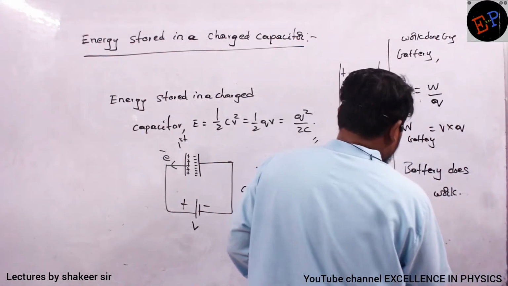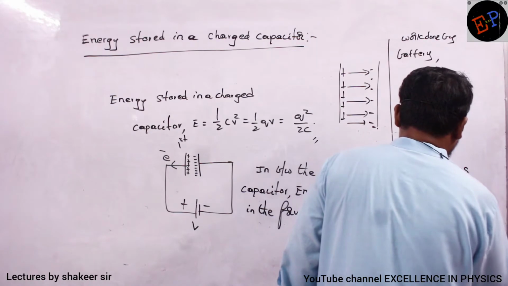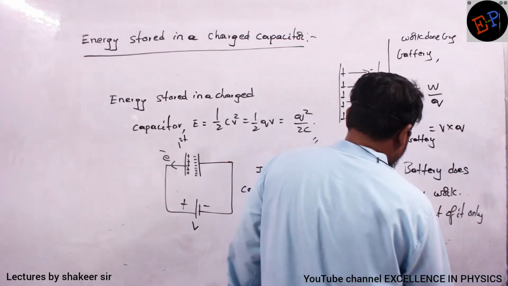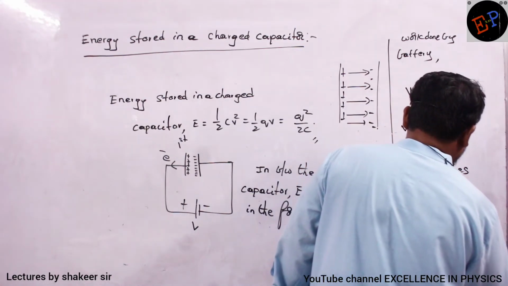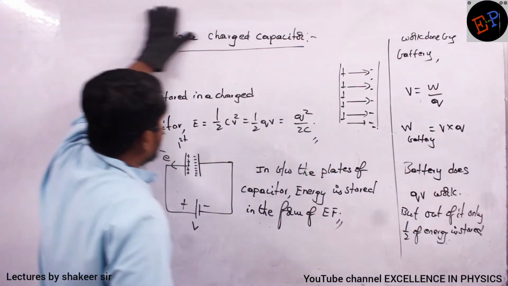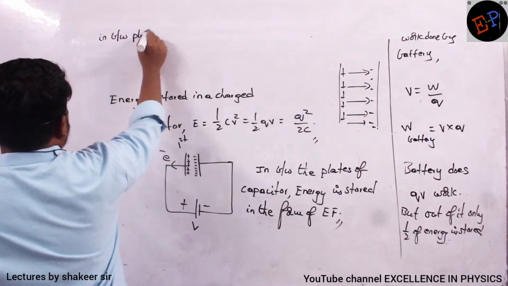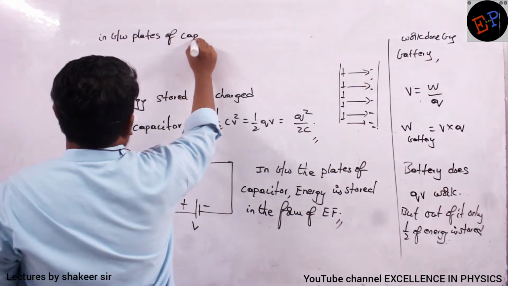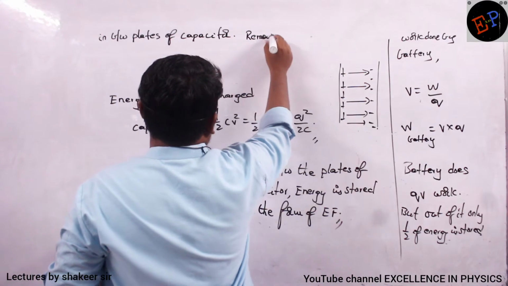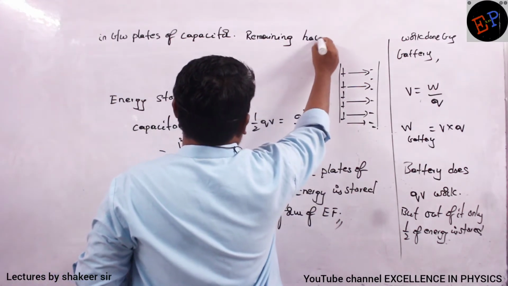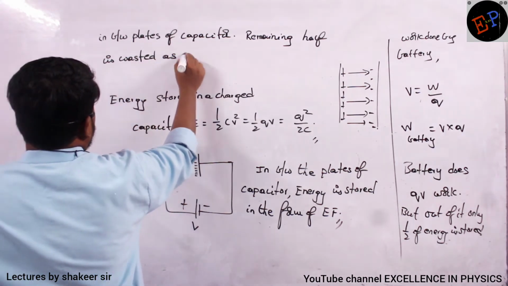But out of it, only half of the energy is stored between the plates of the capacitor. Then what is happening to the remaining half? The remaining half is wasted as heat energy.